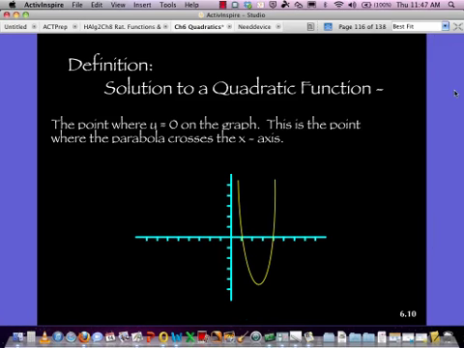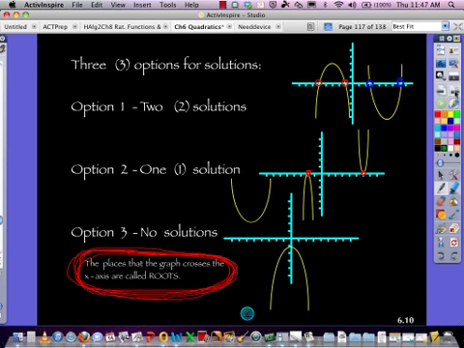So if you have a graph, it'll be easy to see. We're saying, though, based on what we've done with our graphs, we have 3 possibilities. 2 solutions, like we just showed, if it's an upward parabola and it crosses through because the vertex is down below, or if it's a downward parabola with the vertex up above and it crosses down below.